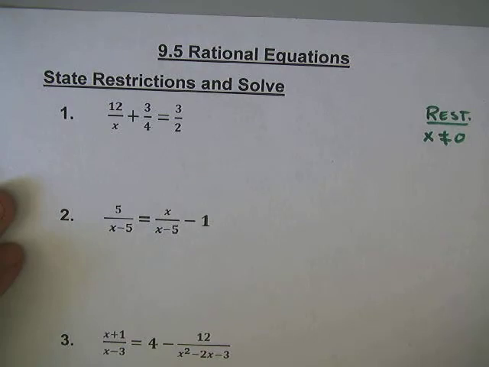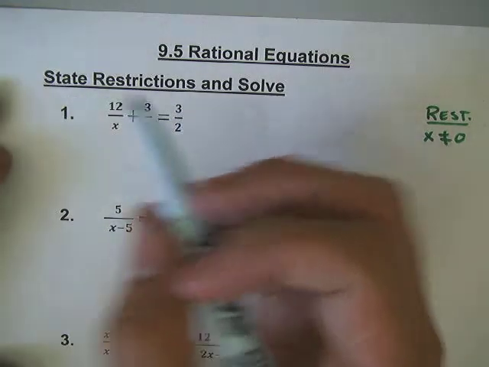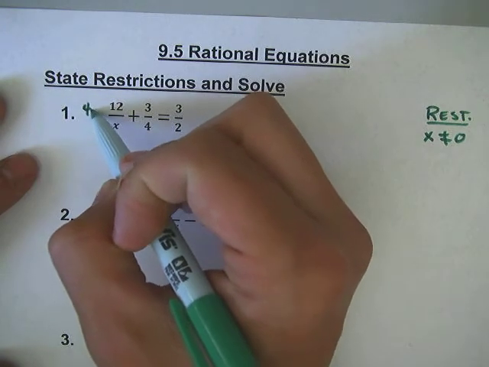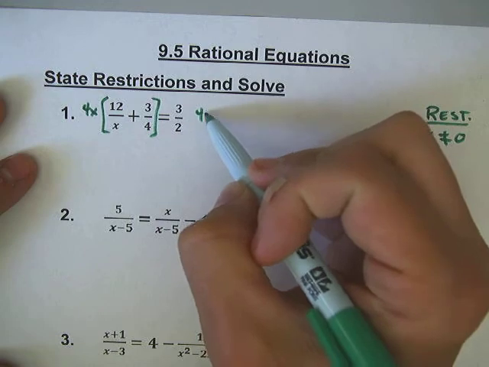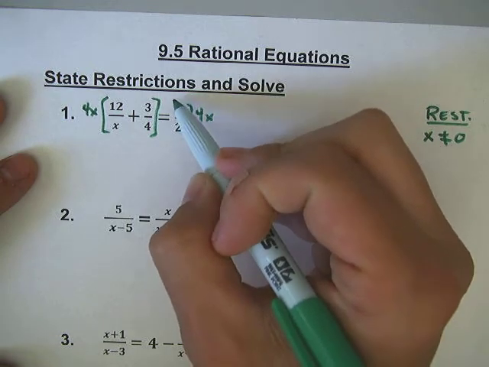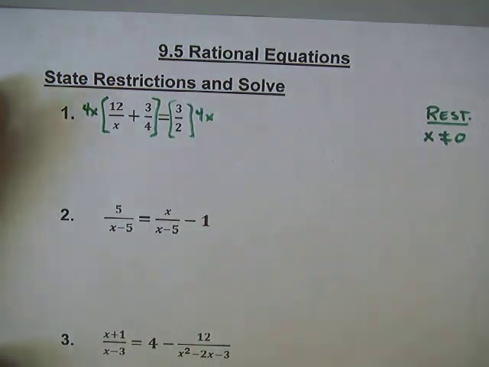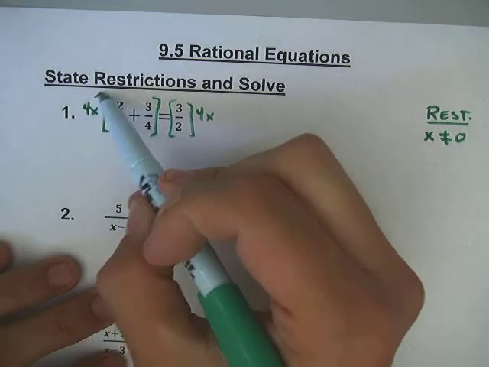So as I look at x, 4, and 2, I know that the least common denominator is 4x. So I'm actually going to multiply everything by 4x on this side, and everything by 4x on this side.